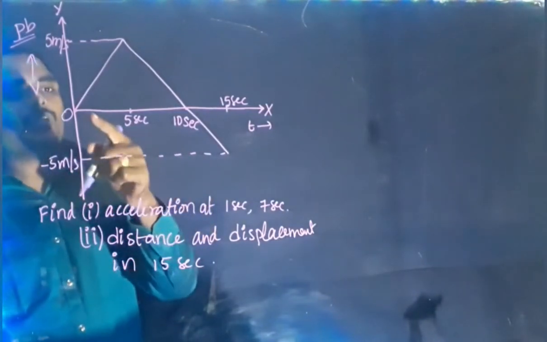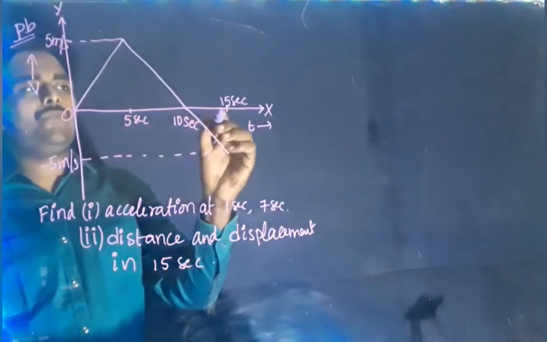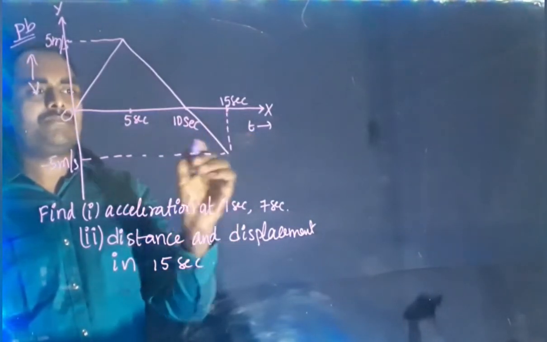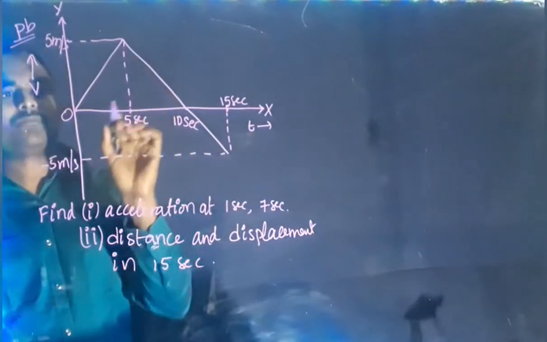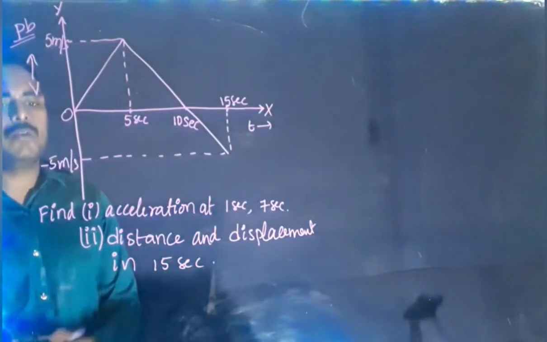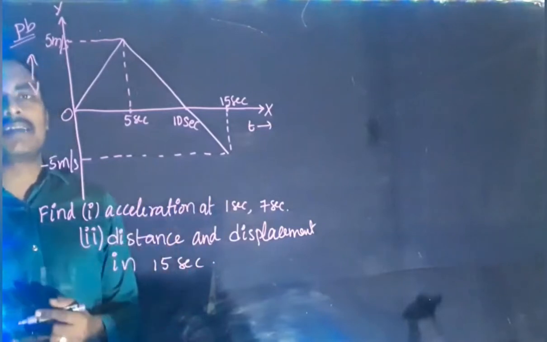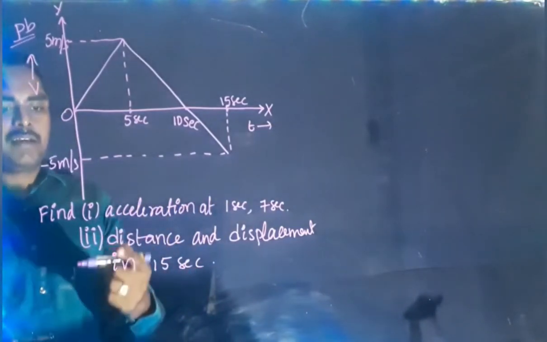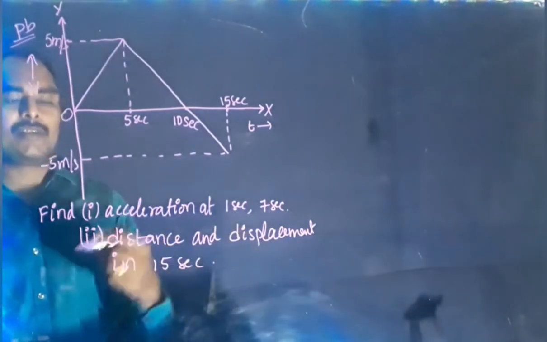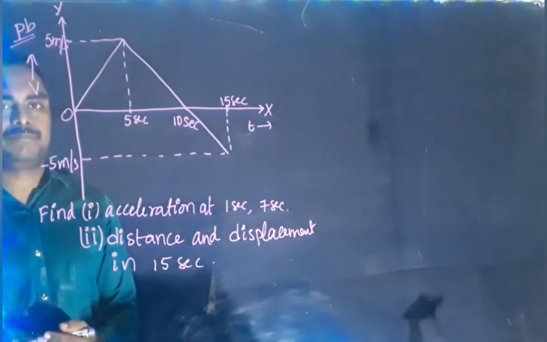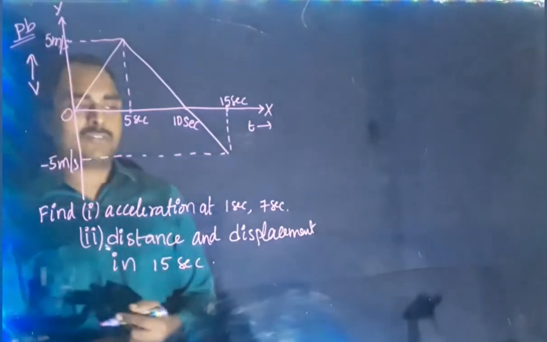Time is 0 to 5, 5 to 10, 10 to 15 seconds. We need to find the acceleration of the body at 1 second and 7 seconds, and the distance and displacement in 15 seconds. First let us find acceleration.